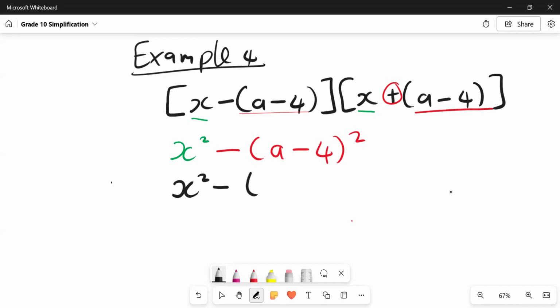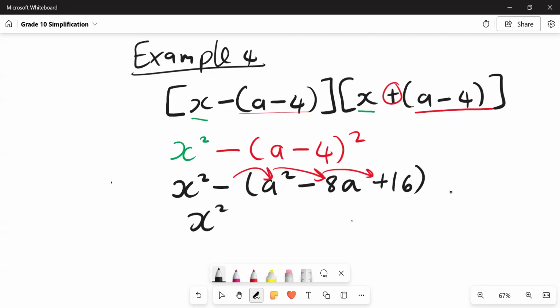now let's apply the method that I taught you. Square the first term, that's a squared. Multiply everything to get the middle term, that's minus 8a. And then square the last term, that's plus 16. Perfect. Now, let us get rid of the bracket using the distribution law.